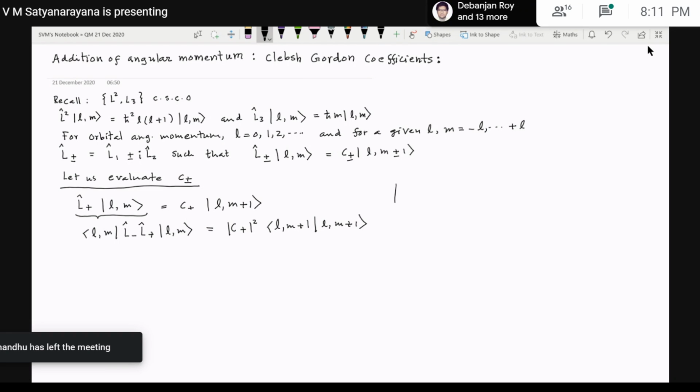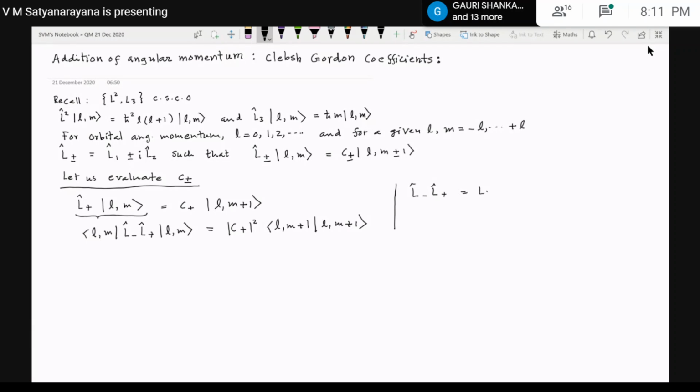And we have to of course find out L minus into L plus, which I think we evaluated last time. That is equal to (L1 minus i L2) into (L1 plus i L2). So that is equal to L1 square plus L2 square plus i times the commutator of L1 comma L2.